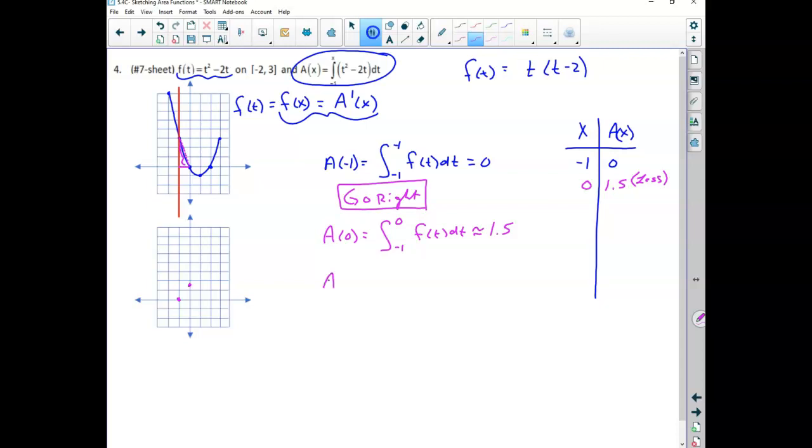And then I'm going to find a of 1. Well, that's my integral from negative 1 to 1 of f of t dt. What does that equal? Well, that's going to be my 1.5 plus, now I'm accumulating more. Well, now I'm accumulating this. I would call it about a half-ish maybe, or 3/4.